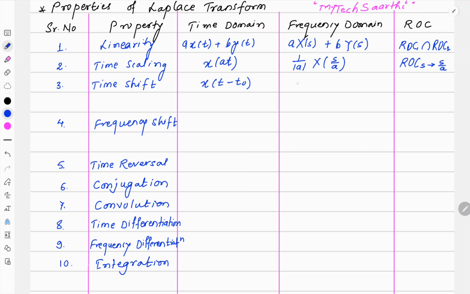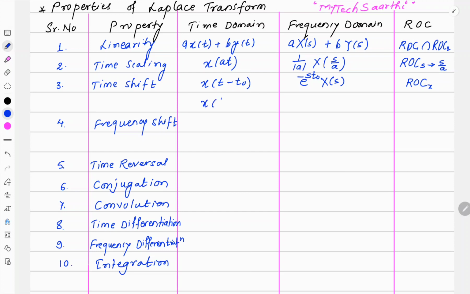So x of s will be multiplied by the exponential term e raised to minus s t naught, where t naught is the shift in the time domain signal. Remember, whenever it is negative shift t minus t naught, the power of exponential is also negative, and ROC will not have any change. So ROC will be of your original signal.